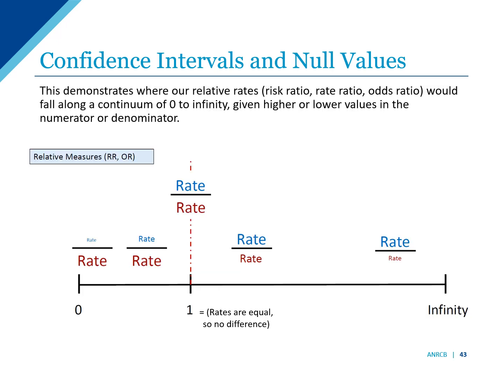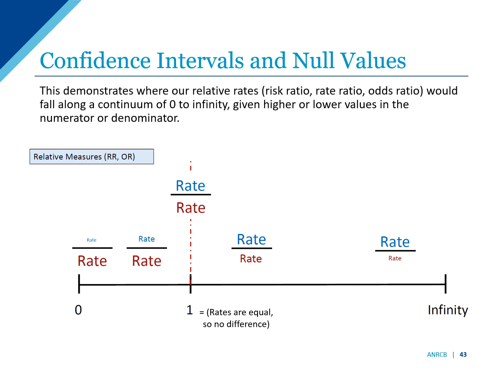Here is a demonstration of where our relative rates, risk and rate ratios and odds ratios, would fall along a continuum of 0 to infinity, given higher or lower values in the numerator or denominator. And we see that equal values in the numerator and the denominator give 1, no difference.